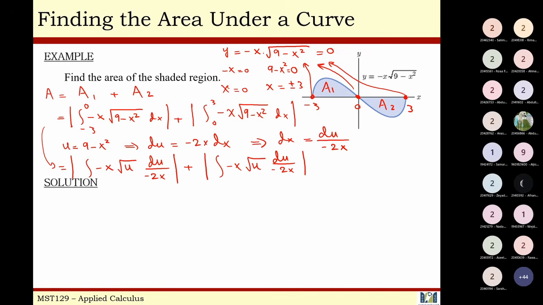Okay, now cancel the negative with negative, x with x, so we have half outside the integral of u to the power half du. This is the same: half the integral of u to the power half du.